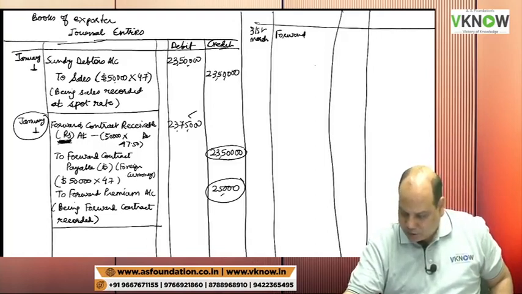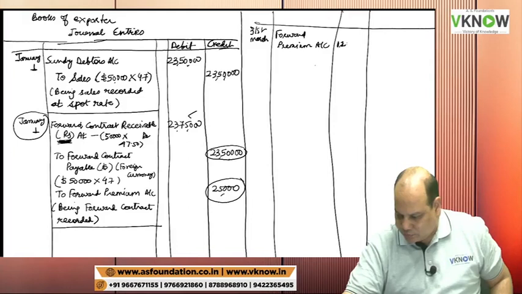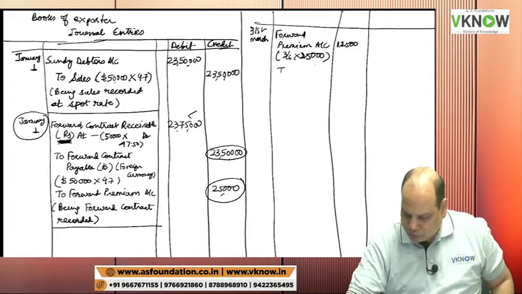Forward premium account debit 12,500, 3 by 6 into 25,000. This is called pro rata allocation to P&L account.